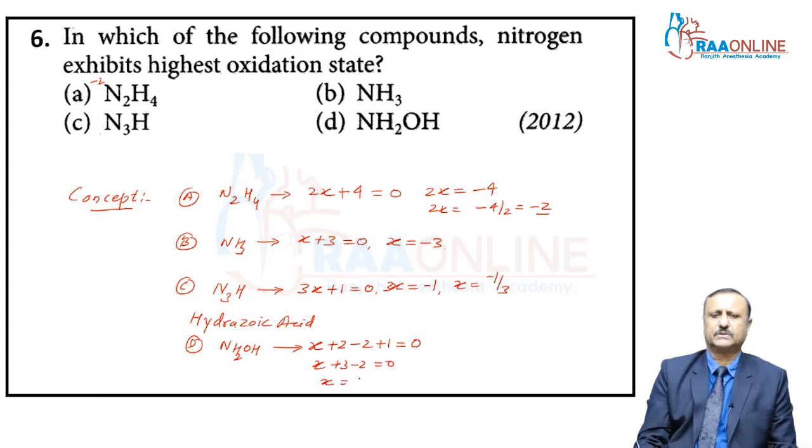So x equals minus 3 plus 2, which gives the minus 1 oxidation state of nitrogen in the NH2OH molecule.